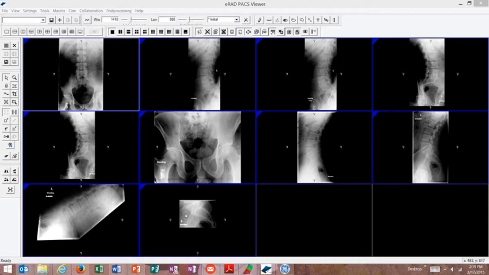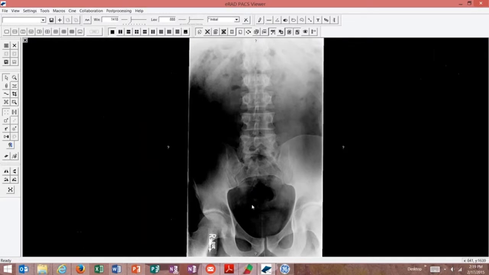So let's just take a look at some of the findings on these studies before we do the analysis of motion segment integrity. So here's the AP image. This is labeled here with the right side. This is the right side of the examinee's body. So you'll notice that something looks a little bit unusual down here. And these are some post-surgical changes following L5 laminotomy, medial facetectomy, and foraminotomy.